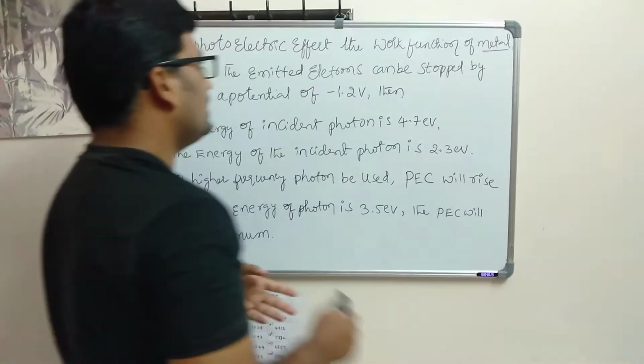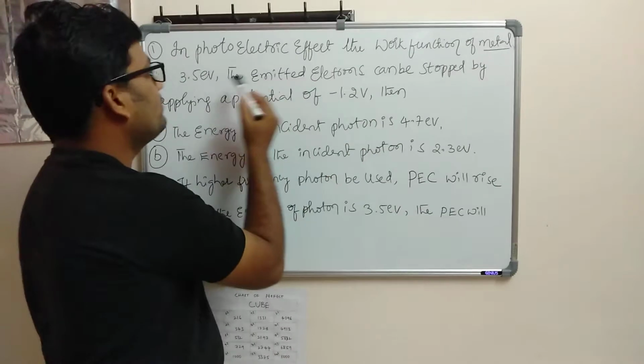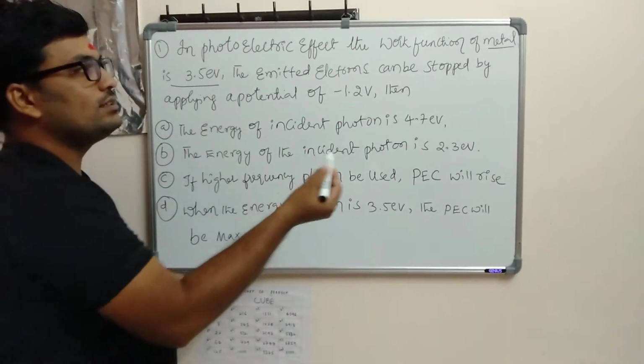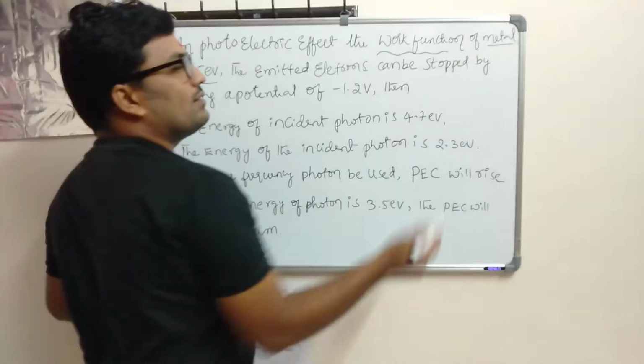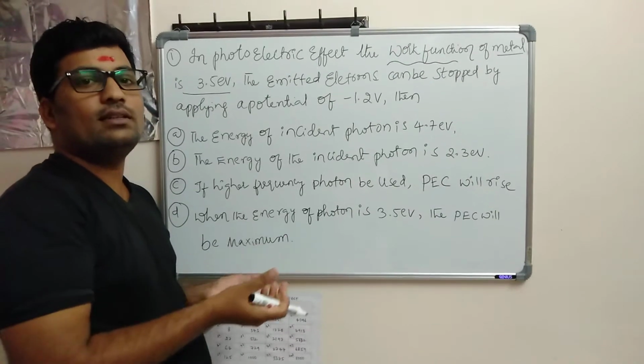So what is the question? In a photoelectric effect, the work function of a metal is 3.5 electron volt. The work function is the minimum energy required to liberate the electron.